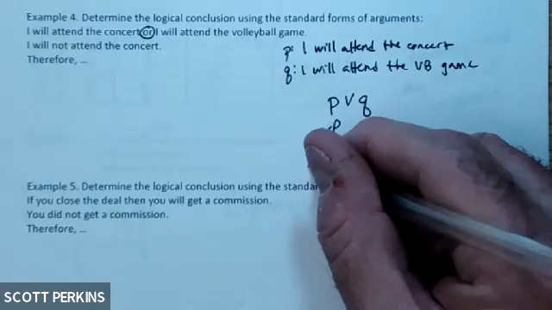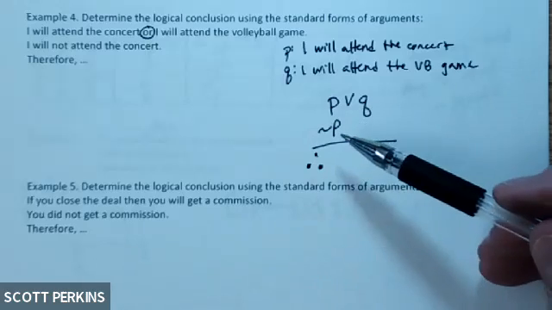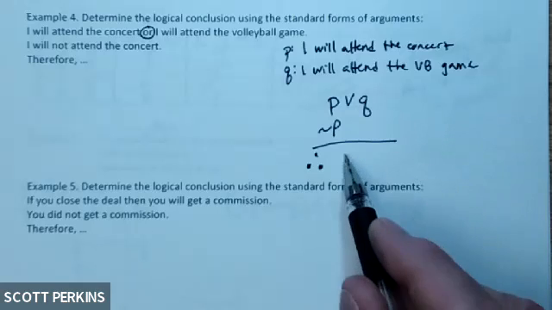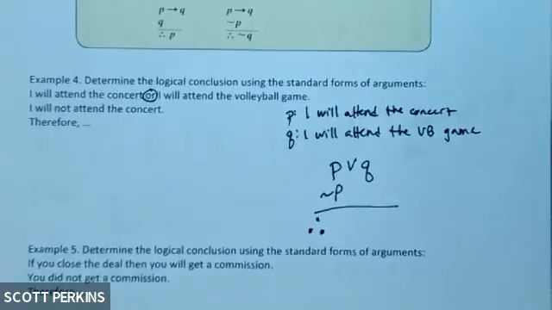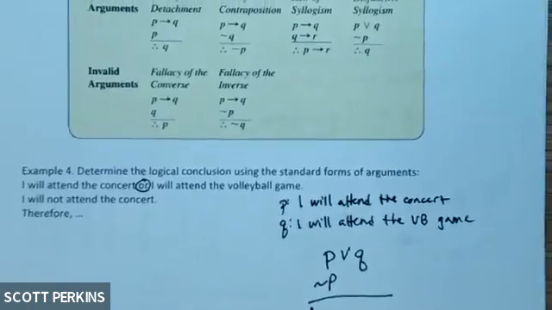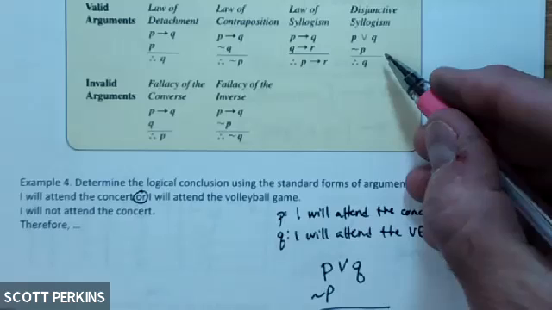Now we're going to compare this. Remember, therefore is a triangle made with 3 dots. We're going to compare this with the standard forms of the arguments and see what we're going to use to fill in the end of this. So I'm coming back up to my valid forms of the arguments. Which valid form of the argument is this that I've started here? That's a mouthful, right? It's the disjunctive syllogism. Does everybody recognize that?